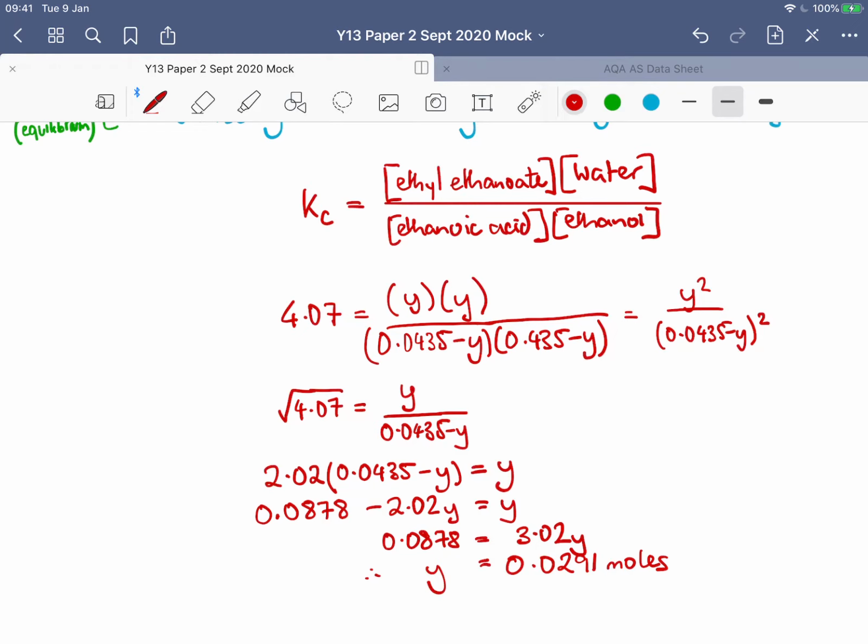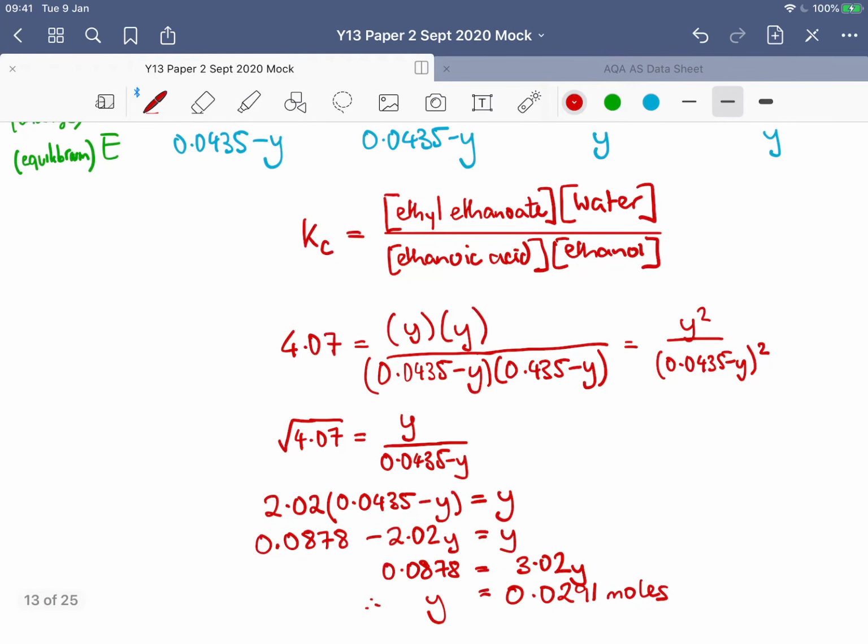Oh yes, sorry, just while we're here, one of the things that might have thrown you is the fact that you weren't given a volume. Because these square brackets in the Kc expression are concentration, and we calculated moles in our ICE table. So really we should be dividing moles by volume to get concentration. If you notice that you haven't been given volume and you think you should have been, look again at the reaction equation.